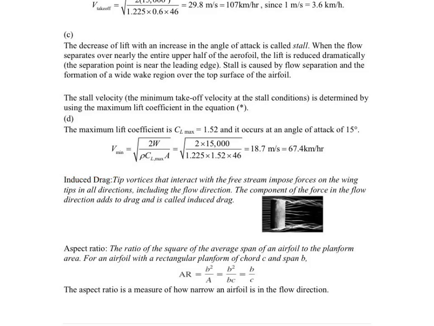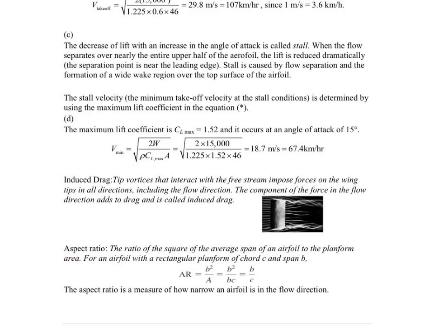Induced drag, it says here from the notes, tip vortices that interact with the free stream impose forces on the wing tips in all directions, including the flow direction. The component of the force in the flow direction adds drag, and this is called induced drag. The other term, aspect ratio, is the ratio of the square of the average span of the aerofoil to the planform area.